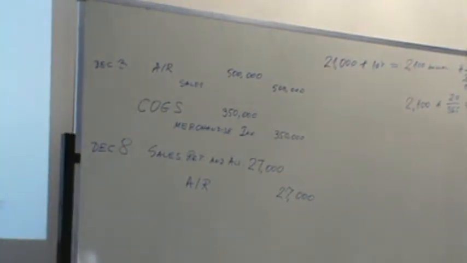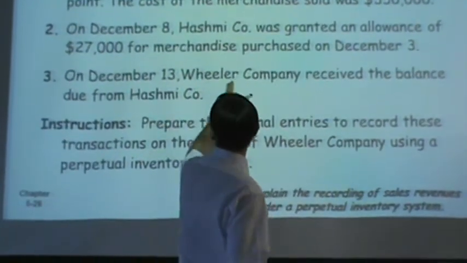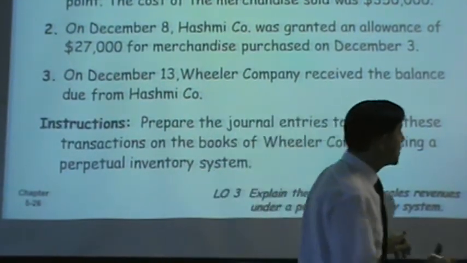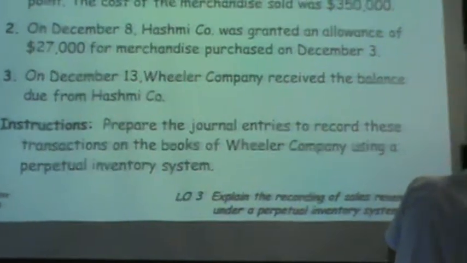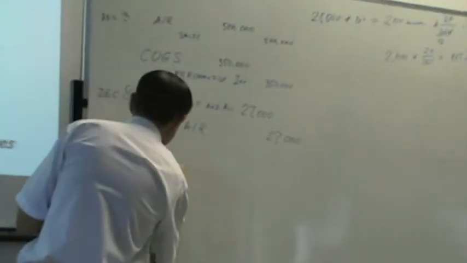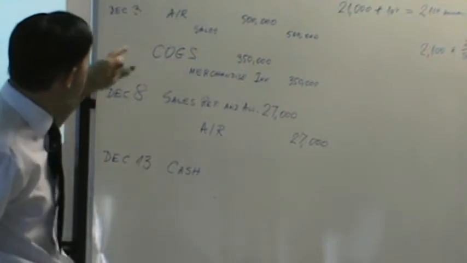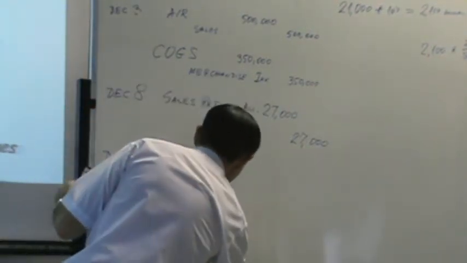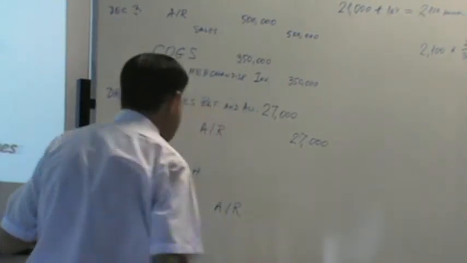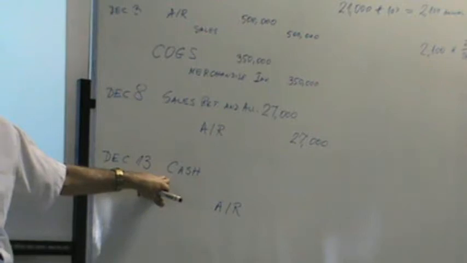And the last piece is on December 13, Wheeler Company received the balance due. So you're going to have some cash. You're going to clear out the account receivable, and there's going to be some sales discounts.